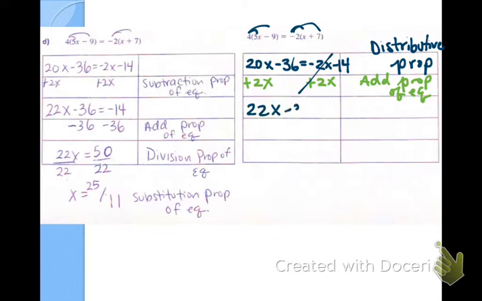Drop down that negative 36. Drop down that negative 14. My next step, add 36, which again is the addition property of equality.